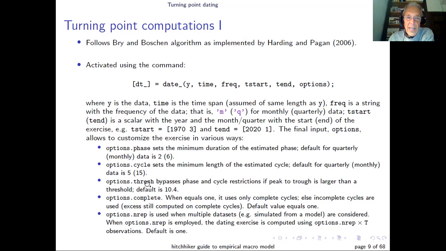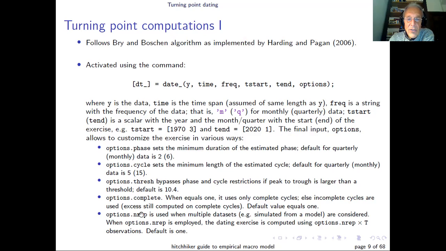Threshold is a threshold which tells you to bypass the restrictions 1 and 2 on the phase and the cycle, as long as the difference between the peak and the trough is large enough. The default here is set to 10.4. The option complete simply considers only complete cycles and eliminates incomplete cycles at the beginning or the end of the sample.